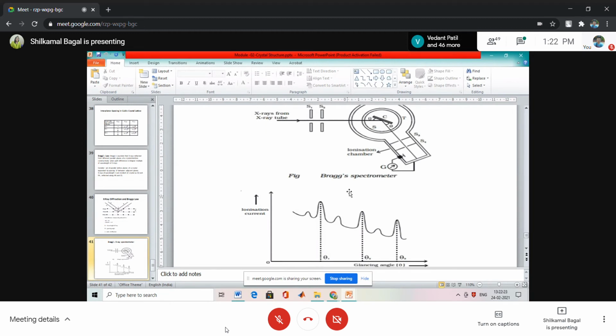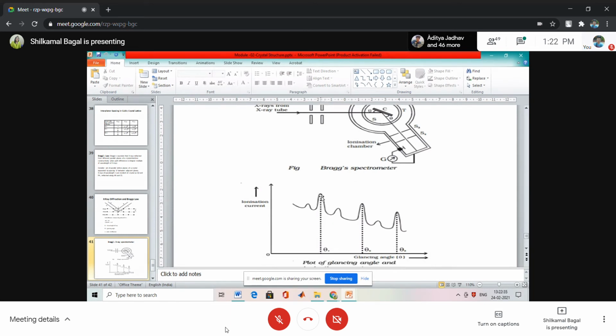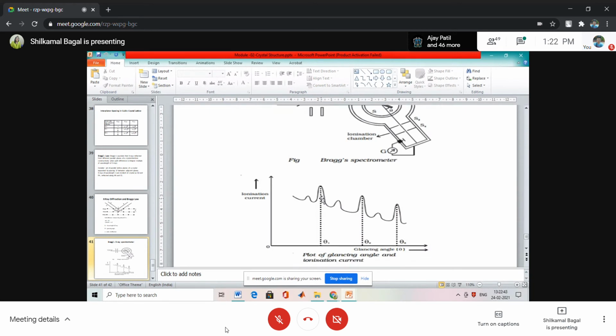So by rotating the turntable, we can observe the current through the galvanometer. When the current goes to the maximum value, there will be the maxima. That position, that glancing angle, is the angle for which the reflected X-rays satisfy the condition of maxima. Suppose it is theta 1. This is the first order maxima.